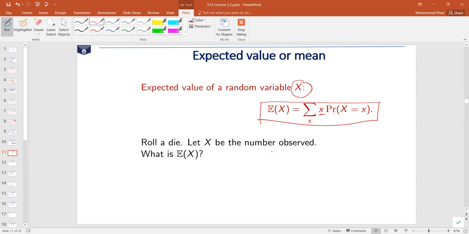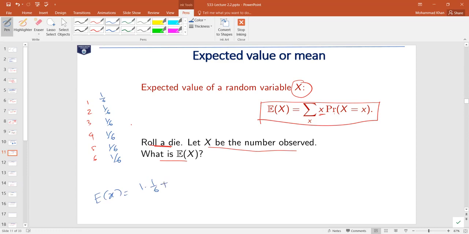For example, if we roll a die and x is the number observed, what will be the expected value for this variable? This variable can have values 1, 2, 3, 4, 5, 6, and the probability values associated with them will be 1/6, 1/6, 1/6, 1/6, 1/6, 1/6. So the expected value will be 1 times the probability value.